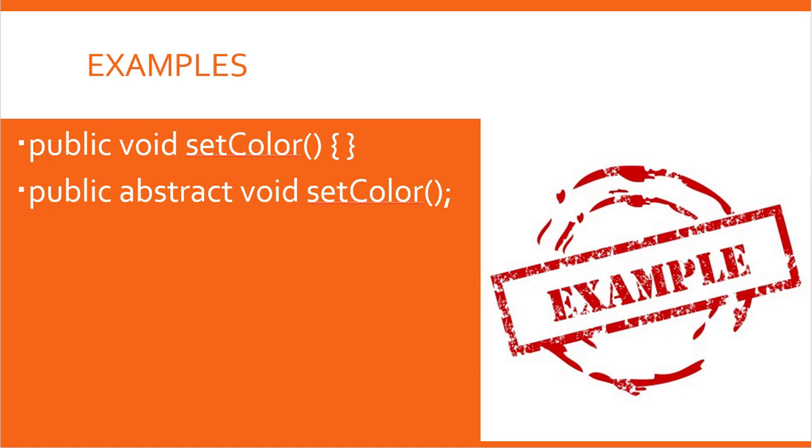In the next tutorial, we're actually going to do an example so that you can see how an abstract class works. And then there are other benefits to using abstract classes, especially in polymorphism, especially in dynamic polymorphism, and we're going to talk about all of those details in the next set of tutorials.